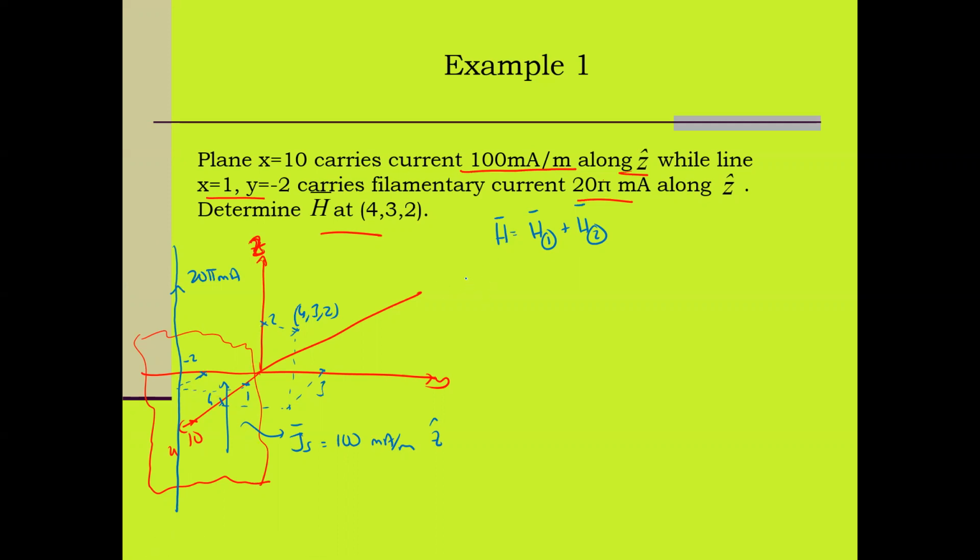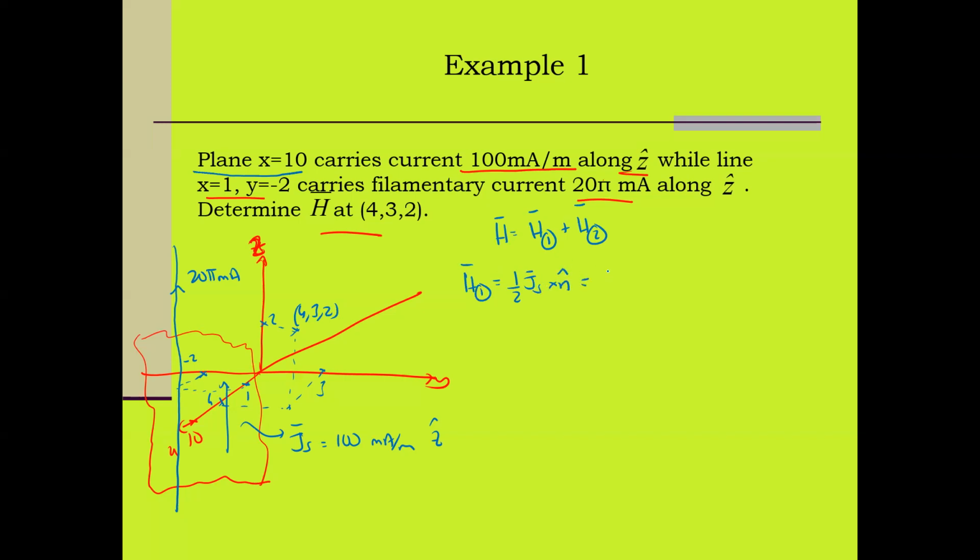So let us do it one by one. For H1, we are dealing with a surface current which is infinite in area, because we are not given any area or dimension of the plane. So we can assume that the plane is infinite in area. For this, we can simply use the equation that we have seen previously, which is half Js vector cross the normal unit vector.